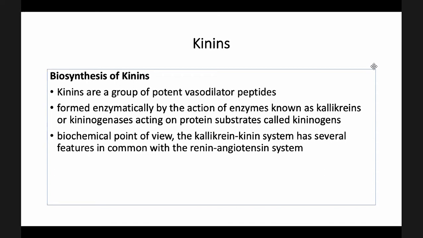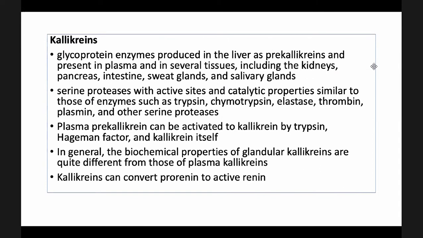From a biochemical point of view, the Kallikrein-kinin system has several features in common with your Renin-angiotensin system. Kallikreins are glycoprotein enzymes produced in the liver as prekallikreins and present in the plasma and in several tissues, including the kidneys, pancreas, intestines, sweat glands, and salivary glands.